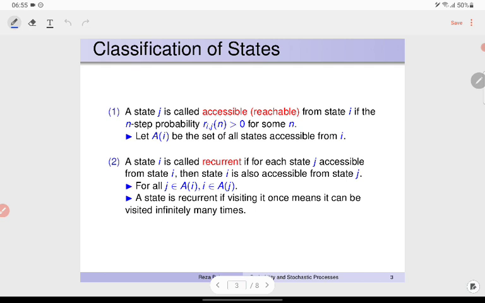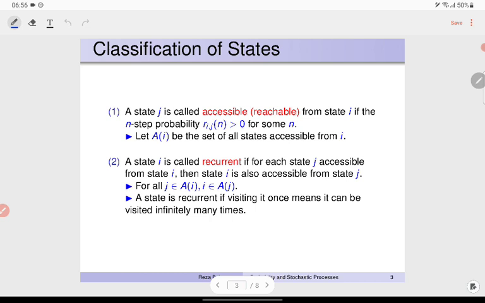Now, the second fact is that a state i is called recurrent if for each state j accessible from state i, state i is also accessible from state j. That means that if j can be reached from i, then i can also be reached from j.